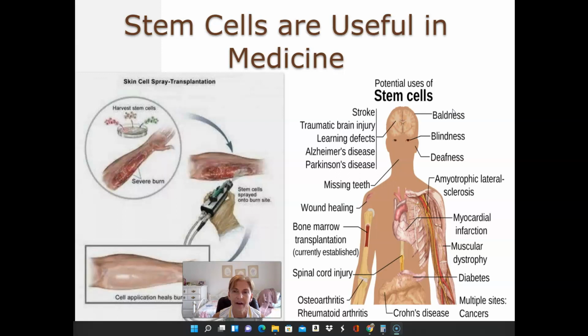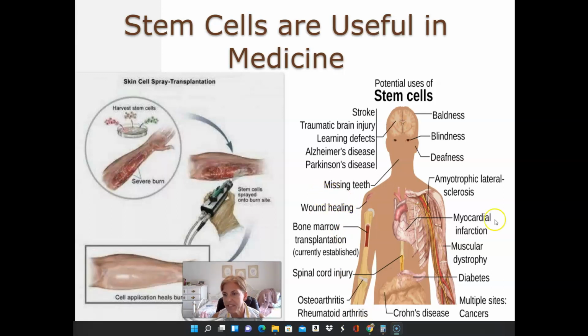Blindness, I have heard of some techniques that they're using where they inject stem cells right into the eye to create new tissue. You have bone marrow transplants for people who have maybe leukemia, osteoarthritis, or rheumatoid arthritis. That's the one that really destroys your joints and your fingers get all kinds of wacky looking.